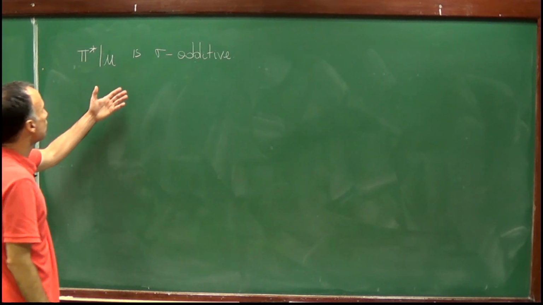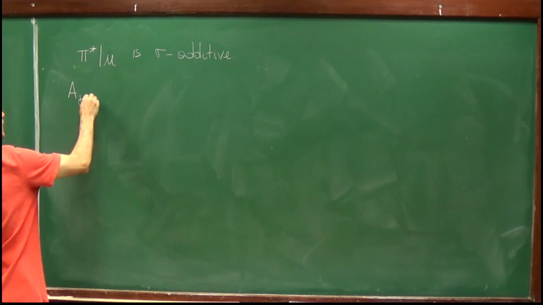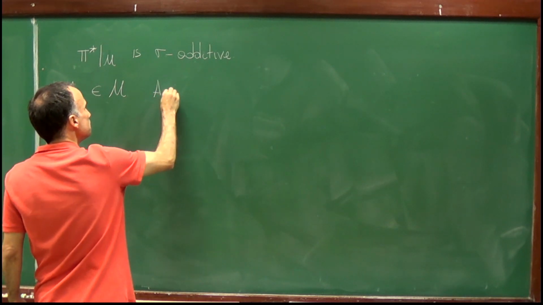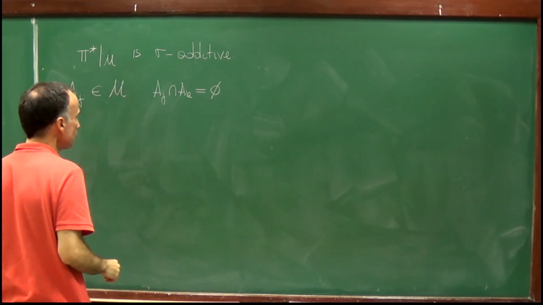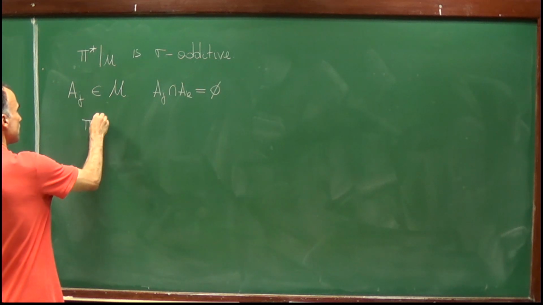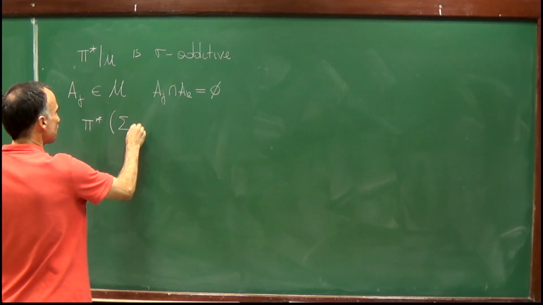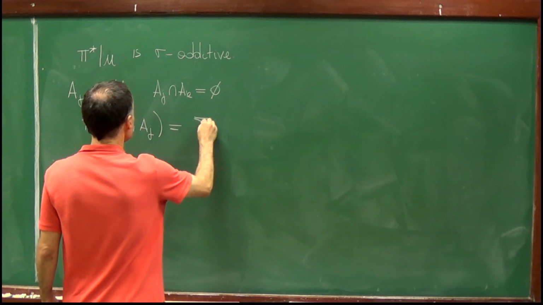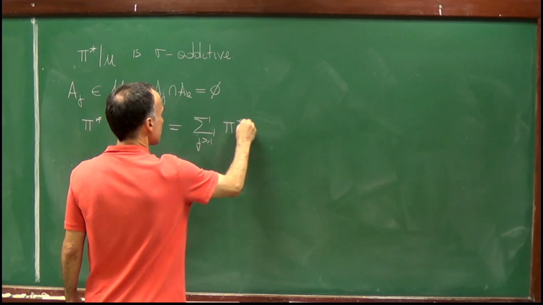So what we need to show: take a sequence Aj in M, disjoint 2 by 2, and we want to prove that P star of the union of Aj is equal to the sum of P star of Aj.